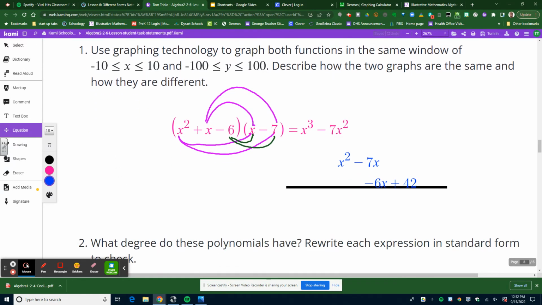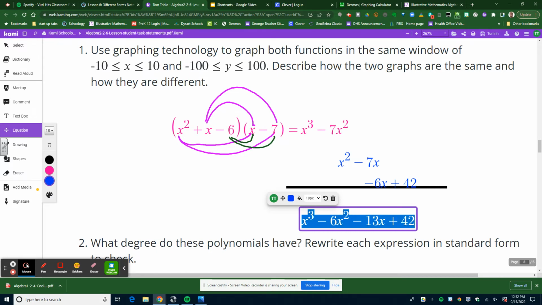If it'll let me. Come on now. There we go. X cubed. -7 plus 1 is -6x squared. -6 minus 7 is -13x. And then plus 42. And if I did this correctly, I'm going to do Control A, Control C, go back to Desmos.